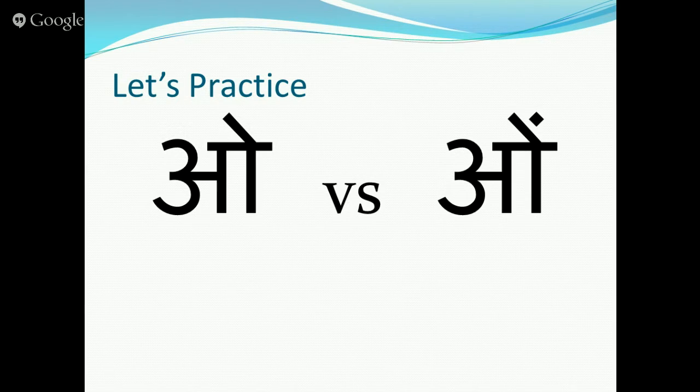O versus um. The left is ah, and on the right, we have um. So the left is ah, and the right is um.